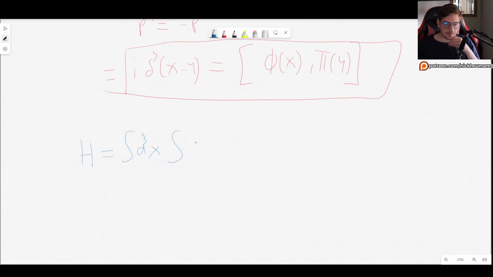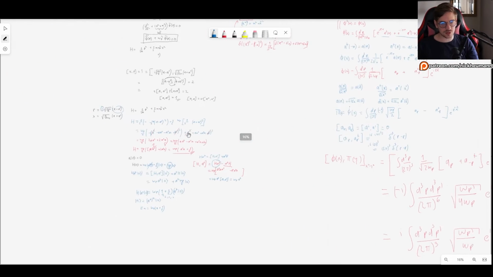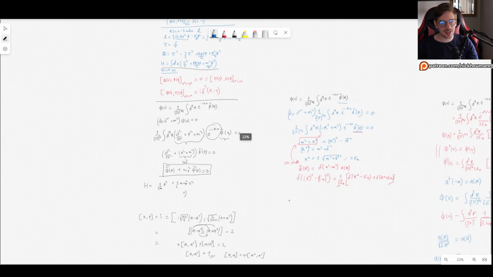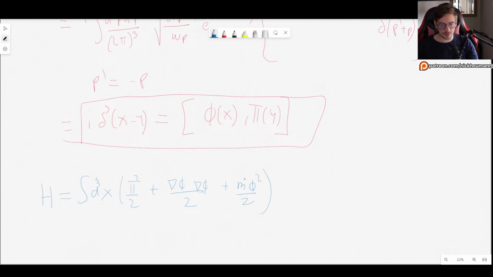We want now no integral, but rather parentheses π squared over 2 plus nabla φ over 2 plus m φ squared over 2. So that is what we now want to do. Or was it m squared? I'm just going to double check because I don't want to make a dumb mistake at this point in the video. It was m squared. I'm glad I checked. Okay, so m squared.